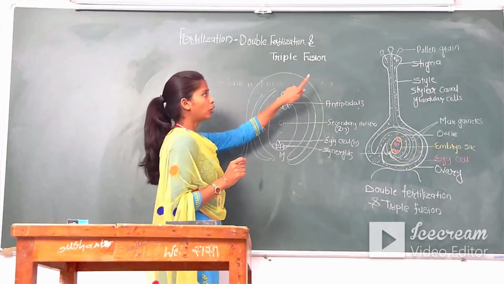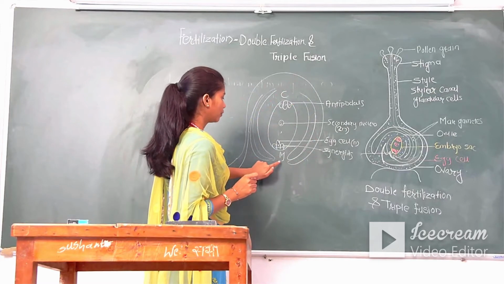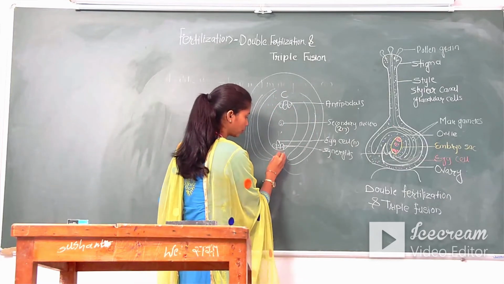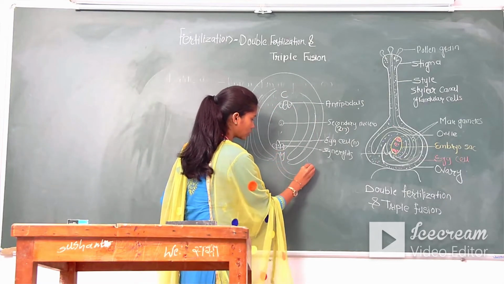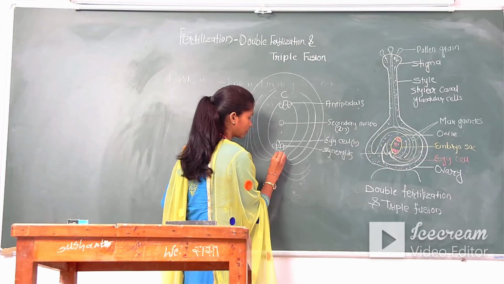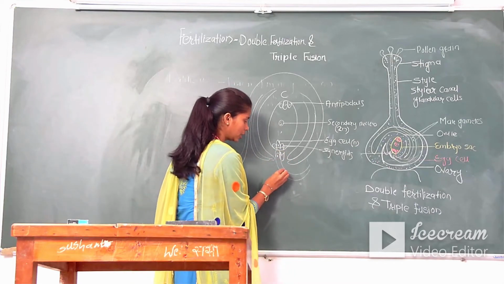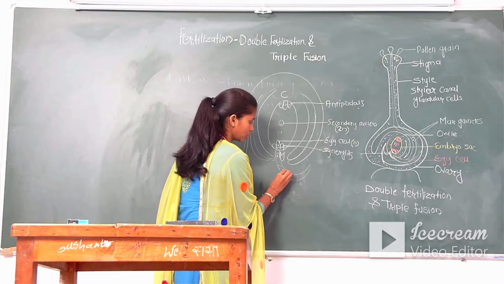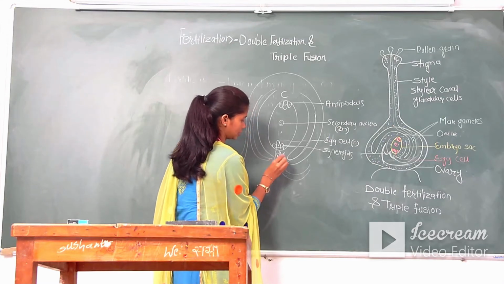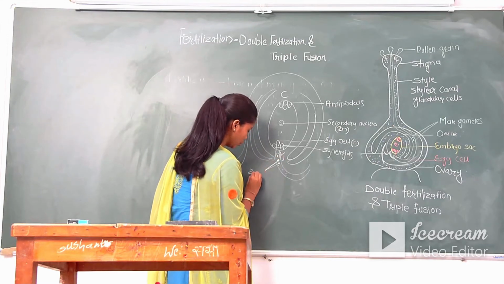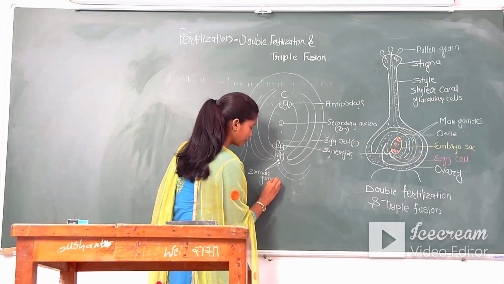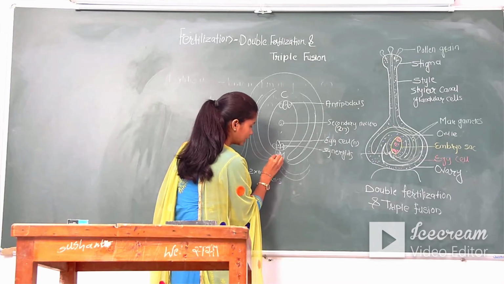Now, as soon as the pollen tube enters the ovule through the micropyle, that pollen tube first goes up to the synergids. Now remember that this pollen tube contains two male gametes and a tube nucleus. So these are two male gametes, and this is the tube nucleus.